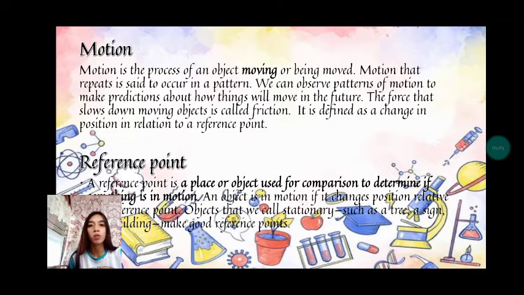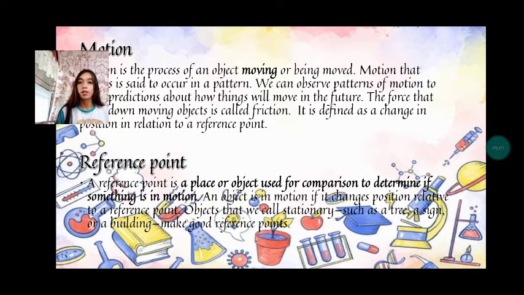We also have here a reference point. So what is a reference point? A reference point is a place or object used for comparison to determine if something is in motion. An object is in motion if it is changing position relative to a reference point. Objects that are stationary, such as a tree or a sign or a building, make a good reference point.